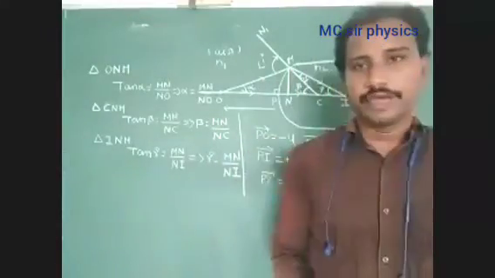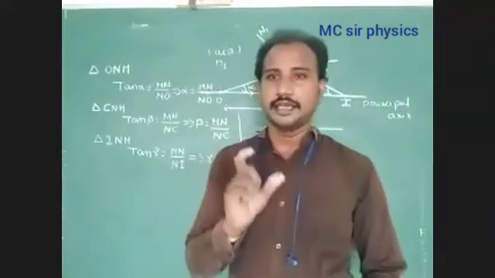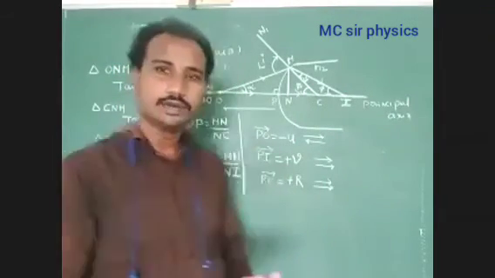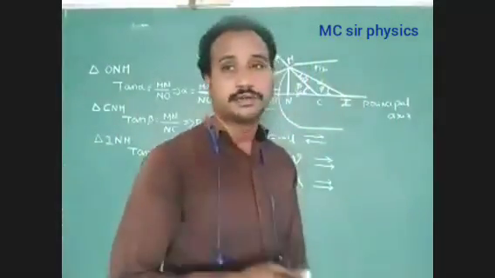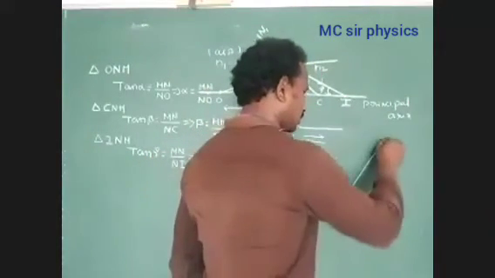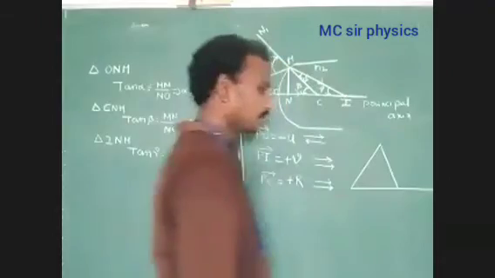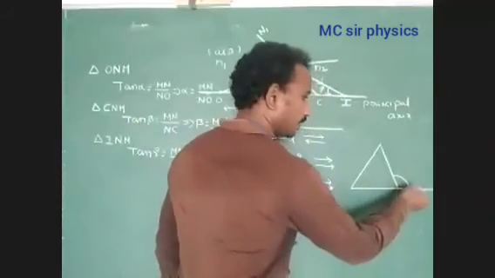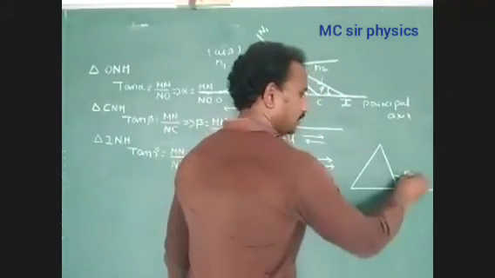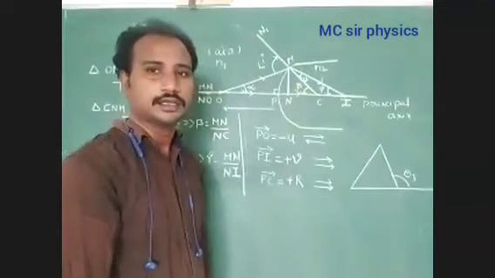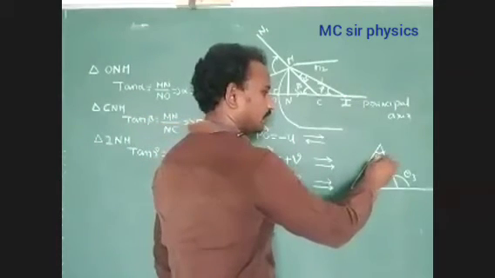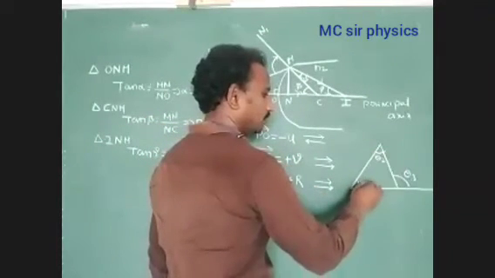Next, in mathematics, we have to use one rule: exterior angle equal to the sum of opposite internal angles. This point in mathematics is explained for you. Observe this one triangle. In this condition, which one is the exterior angle? Theta 3 represents the exterior angle. The sum of opposite interior angles in the triangle, we have to identify, are theta 2 and theta 1.